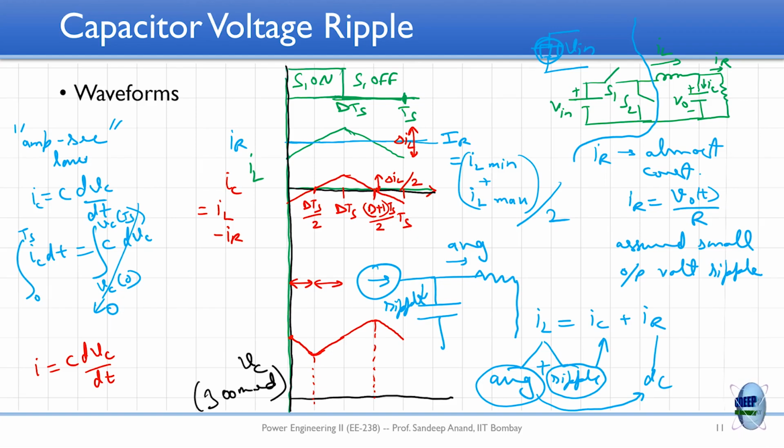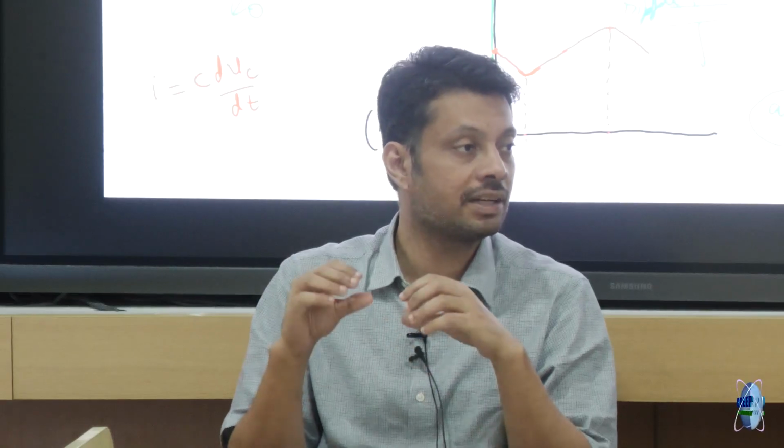Why are we drawing this waveform? Anyone? In the syllabus, you have to do it, yeah. Moreover, we are drawing it because we want to find the expression for the capacitor ripple, the same way we did the inductor ripple, right.